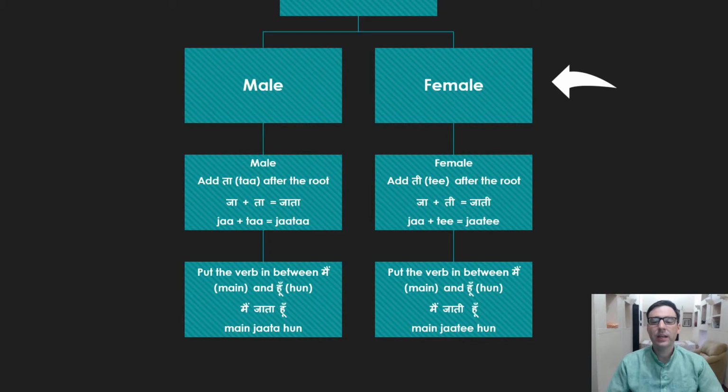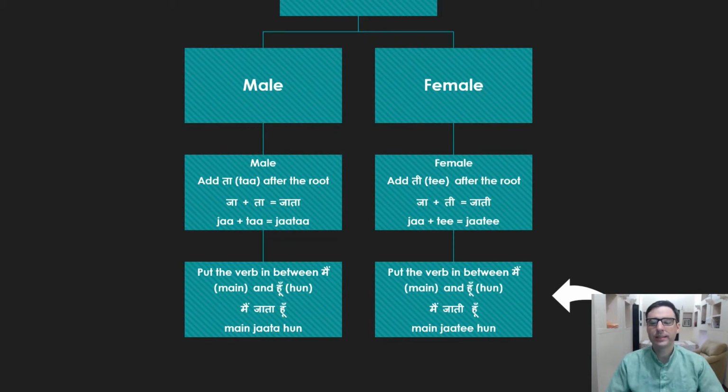As a female in this tense, instead of adding ta after the root, we add ti after the root. You'll quickly notice that the ah sound is associated with masculine, and the ee sound in Hindi is associated with the feminine. But for now, all we have to do is add ti to our root.